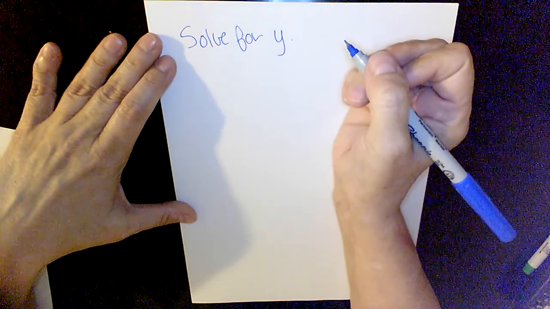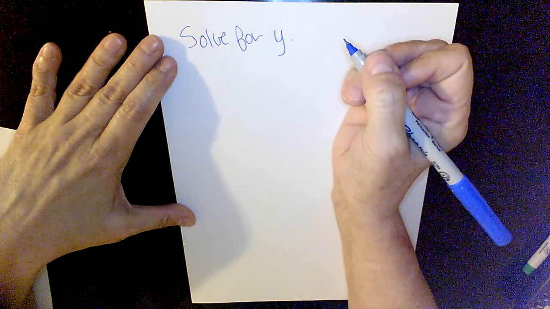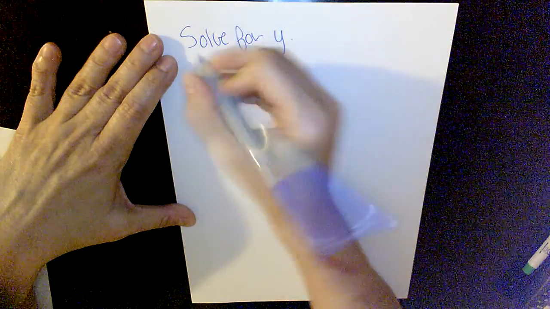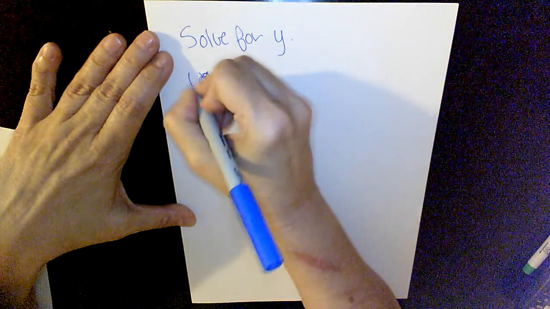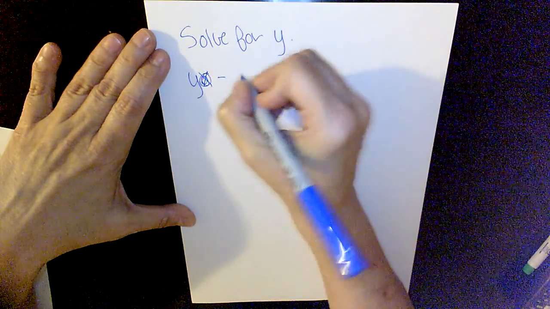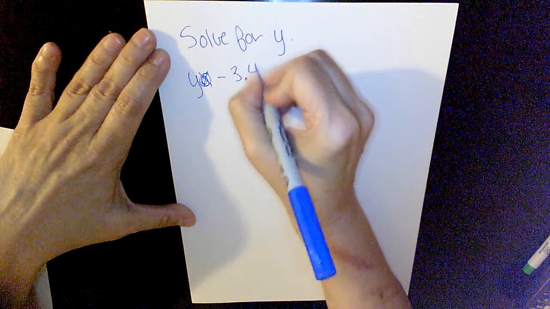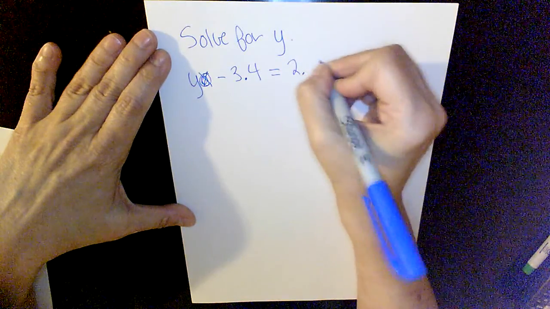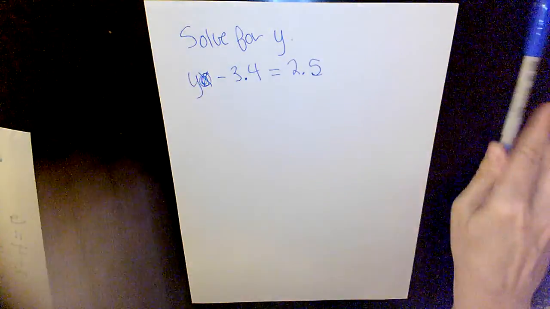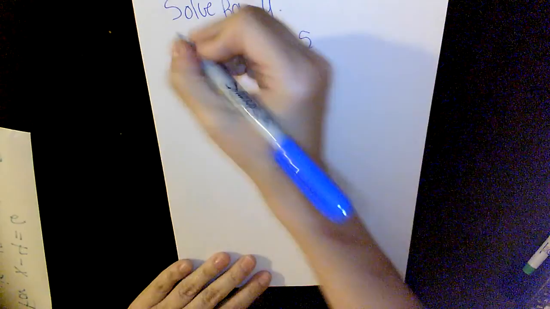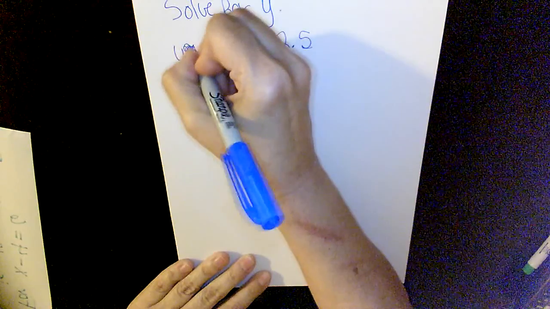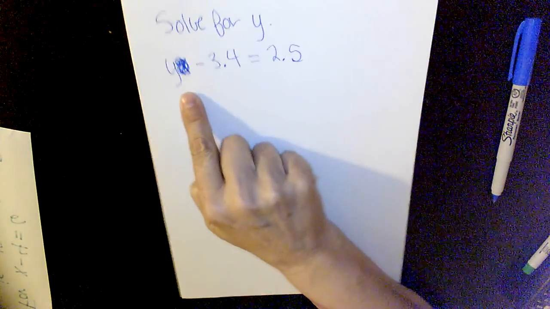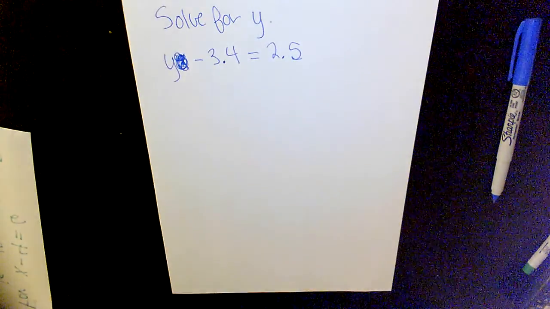Whoops, this is a y, sorry. y minus 3.4 equals 2.5. Sorry about this mistake here. So I want to find out what value y is. I want to find the solution.